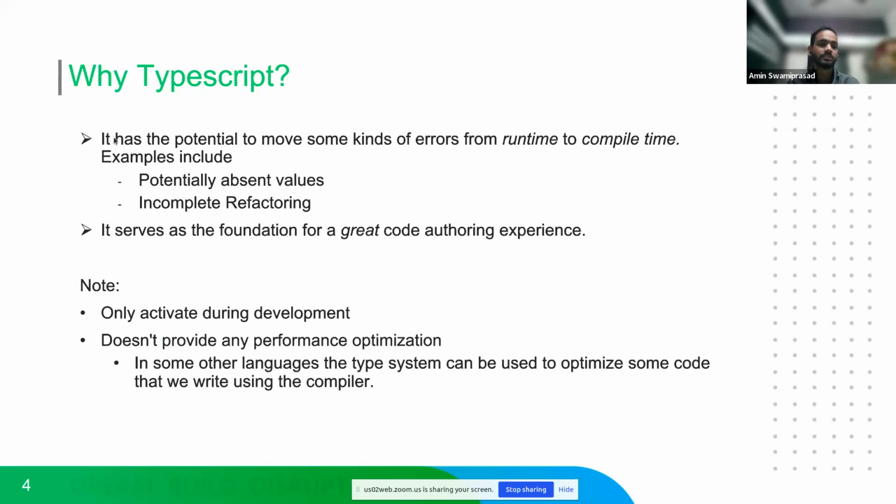In TypeScript, that error will be shown in the compile time only. So it has potential to move the errors from runtime to compile time. That includes potentially absent values or incomplete refactoring. It serves as a foundation of a great code authoring experience.